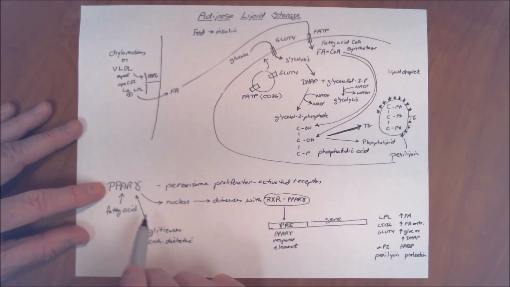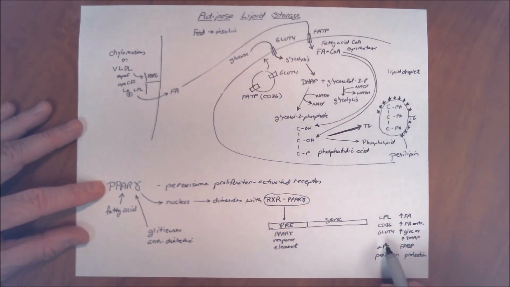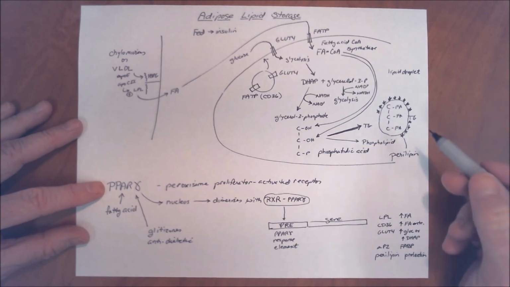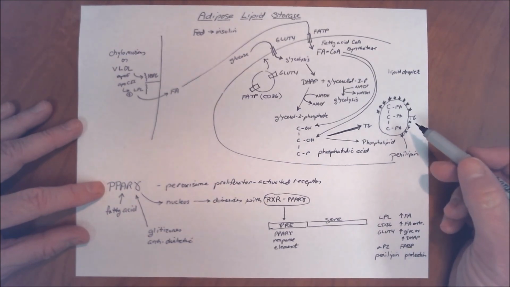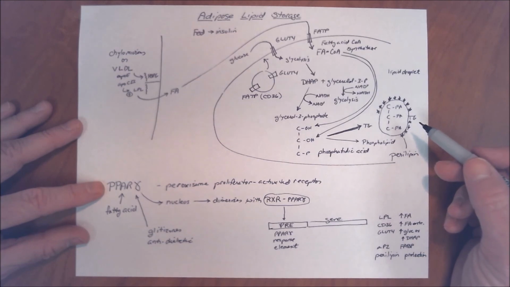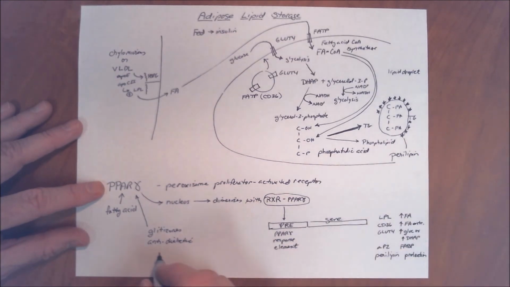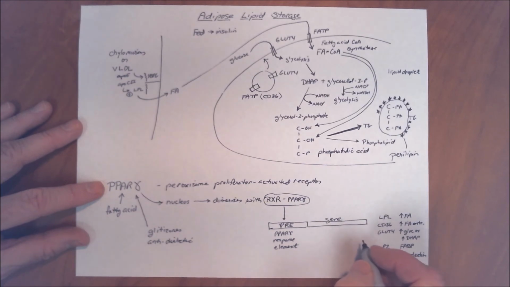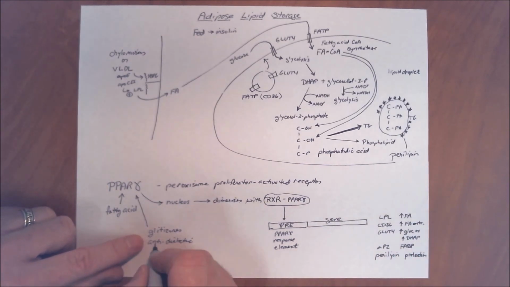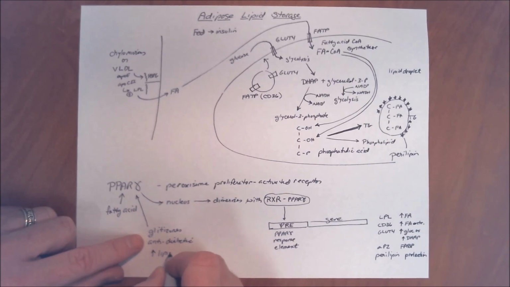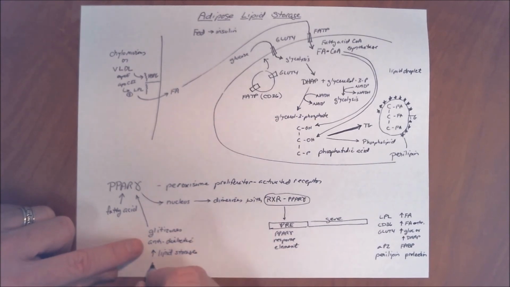So thus, by having the glitazone activate PPAR gamma, what we are essentially doing is increasing the uptake of fatty acids by adipocytes and storage into triglyceride structures. This will reduce the plasma levels of lipids and prevent lipid-mediated insulin desensitization. So the glitazones act by increasing lipid storage and decrease by this insulin resistance.